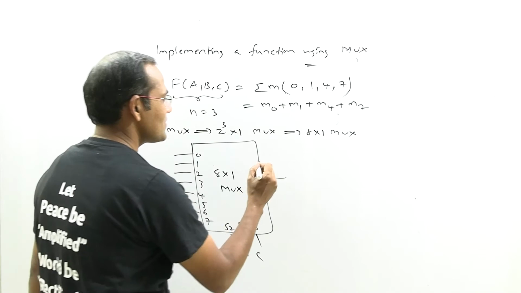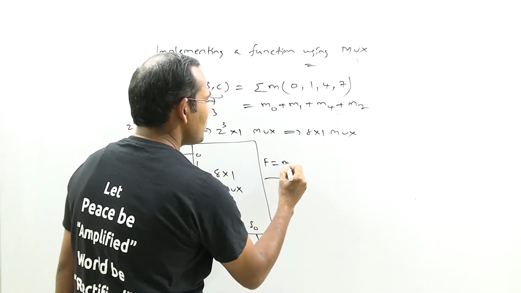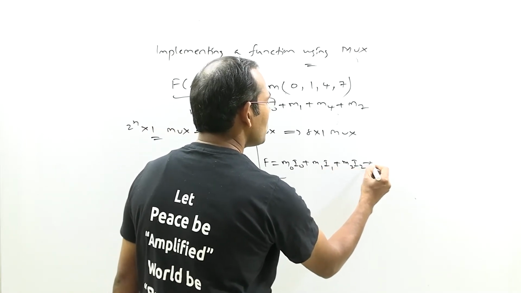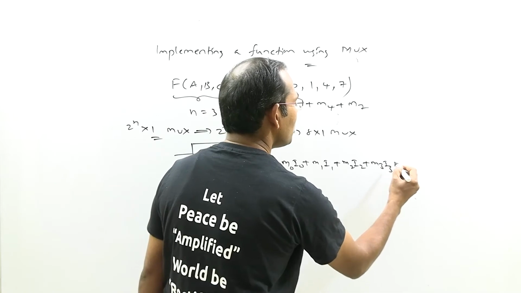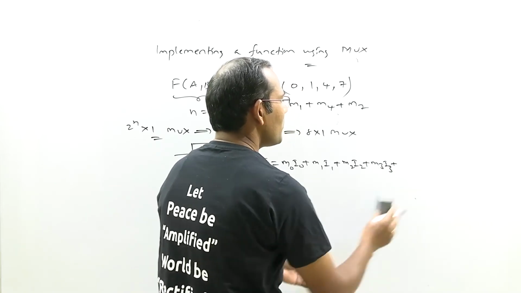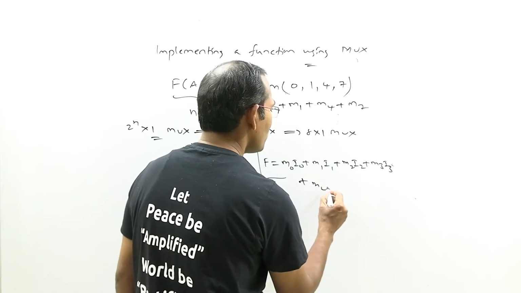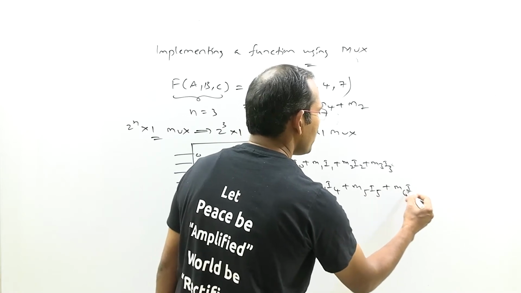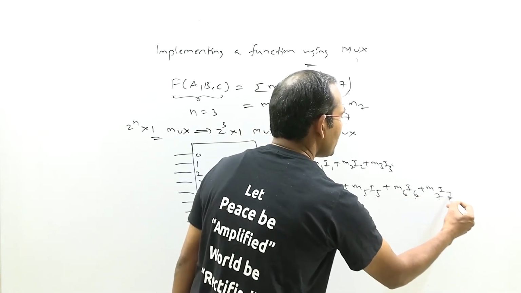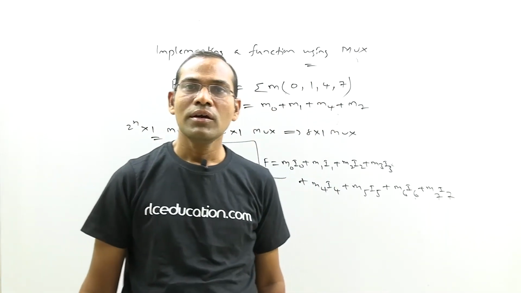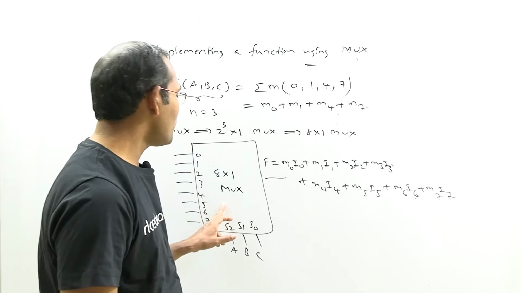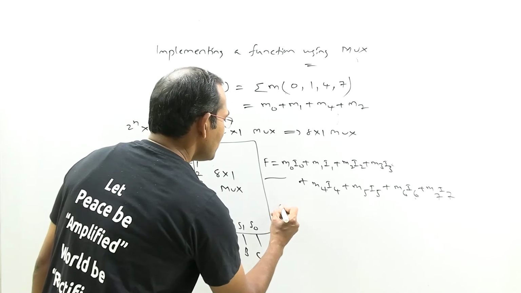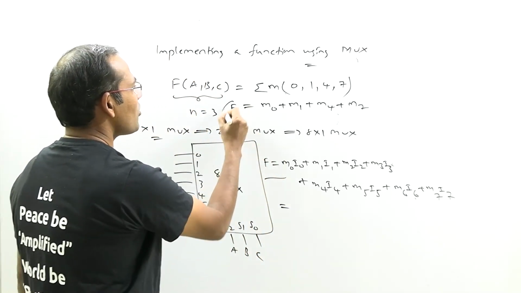Always the mux output is like this: minterm 0 into input 0, minterm 1 into input 1, minterm 2 into input 2, minterm 3 into input 3, like this. Minterm 4 into input 4. Always multiply minterm and input and add those products. If it is an 8 by 1 mux, this is the exact expression. If you observe carefully, this is the expression I want.